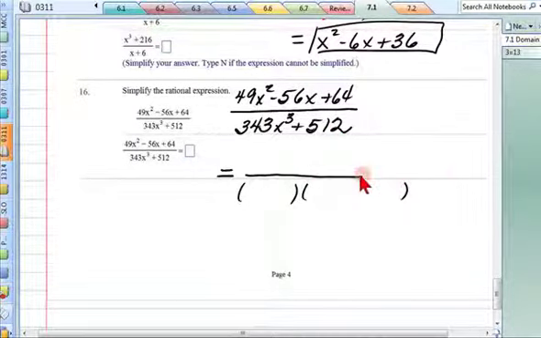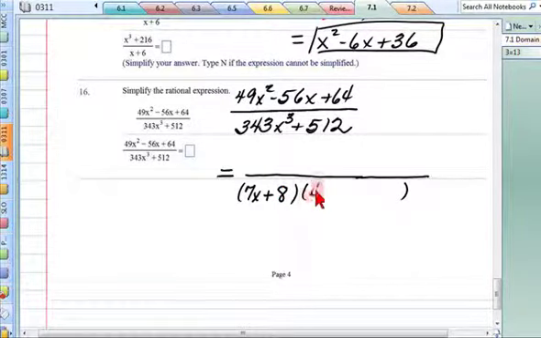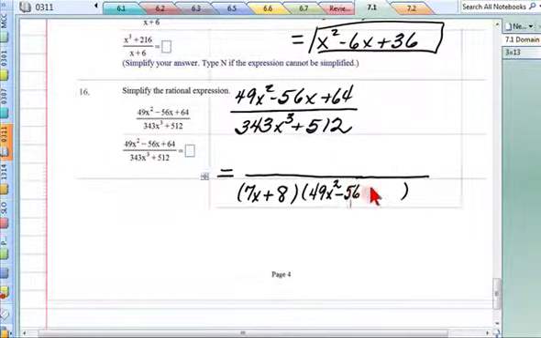So I'm just going to go ahead and do something that is easy, something with a pattern. The cube root of 343x cubed was 7x. Plus sign. The cube root of 512 is 8. Now I can build my trinomial, square the first one, 49x squared, change the sign, minus the product. 7x times 8 is 56x.